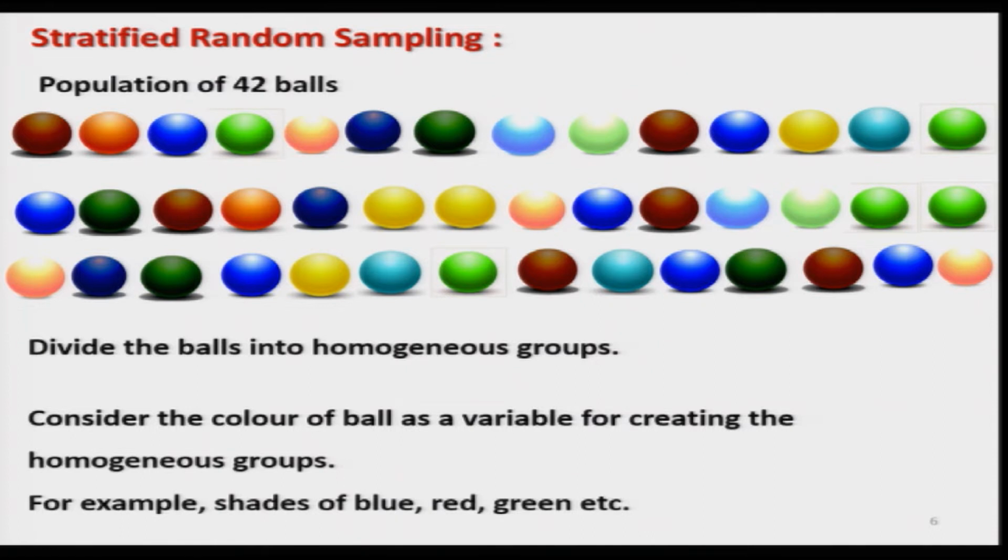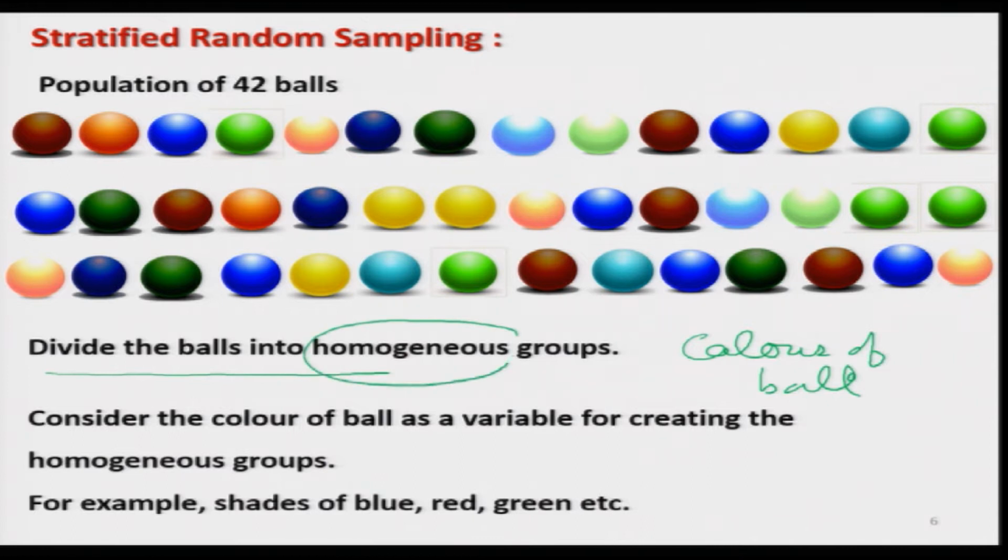Now my variable here is the color of the ball. So I look into the colors and create different groups. I divide the balls into different homogeneous groups. For example, I have chosen different shades of blue, red and green.